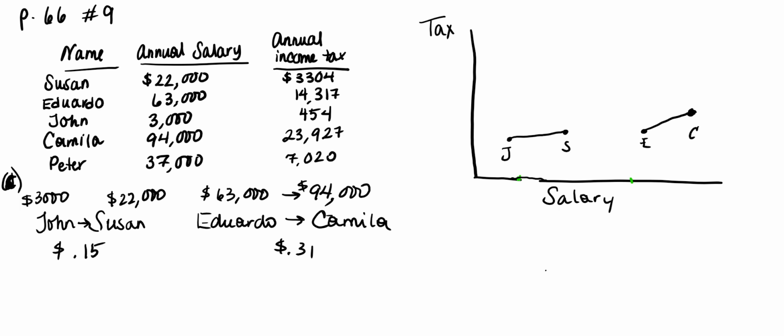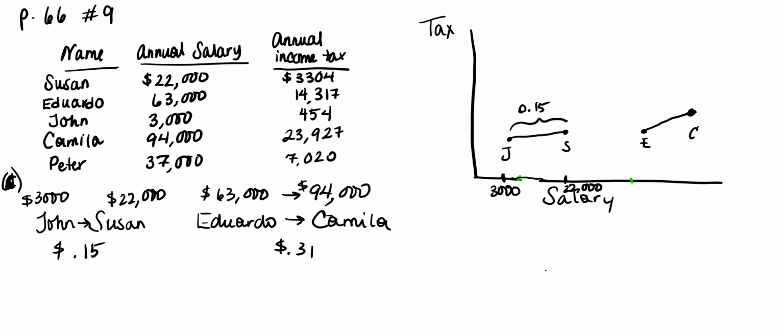And so I've tried to show that in the graph to the right, that you have John over there making $3,000, Susan making $22,000, and then I'm just saying that this is what might be the slope of 0.15. But then as you increase in your salary, from Eduardo at $63,000 to Camila at $94,000, you have a higher slope of 0.31, meaning that for each additional dollar added to your salary, you're paying 31 cents of that in income tax.